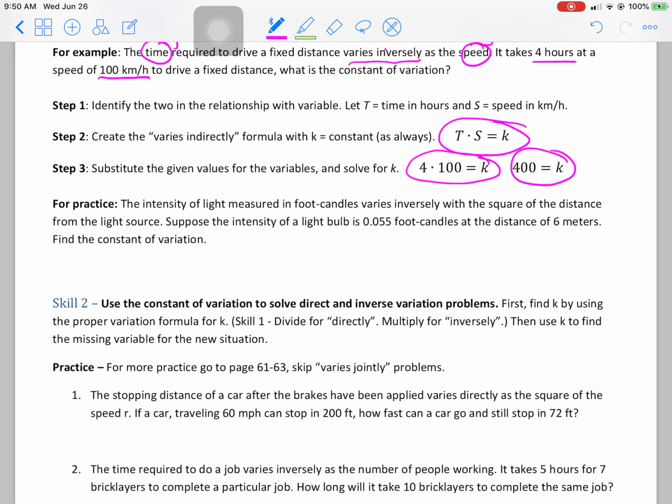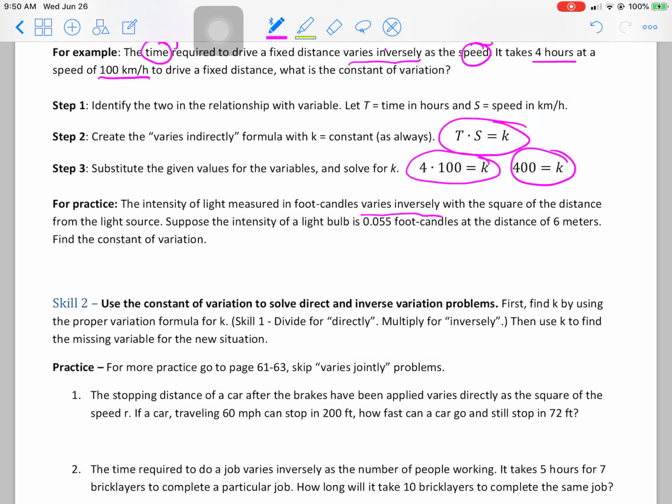Okay, let's try another one. The intensity of light measured in foot candles varies inversely with the square of the distance. I am going to have to fix that one. No, square of the distance. Okay, sorry. I'm going to start another video in just a second.